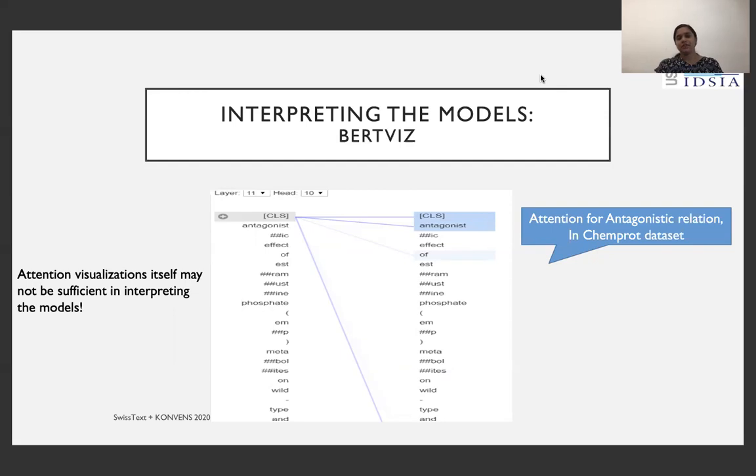But attention itself may not be sufficient for interpreting such models, so we are digging into more details and looking into the literature to find more recent approaches for interpreting the neural models.